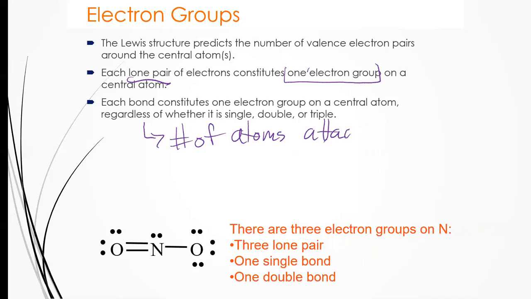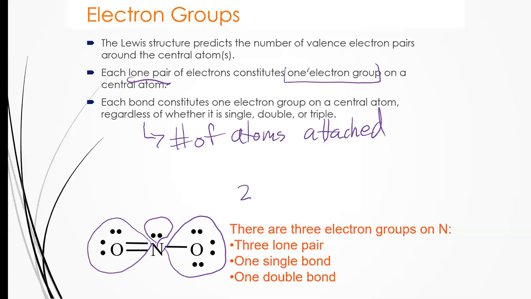So when we look at nitrogen dioxide down below, we have our nitrogen, and we can say that our nitrogen has 3 electron groups. It's got 1 lone pair, it has 1 oxygen attached, and 2 oxygens attached. So it's got a total of 3 electron groups.